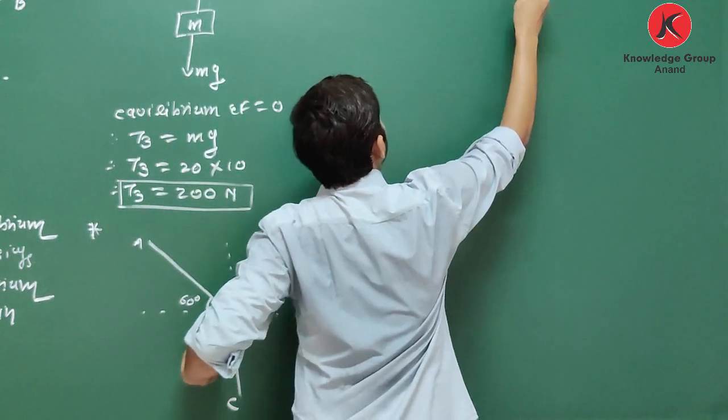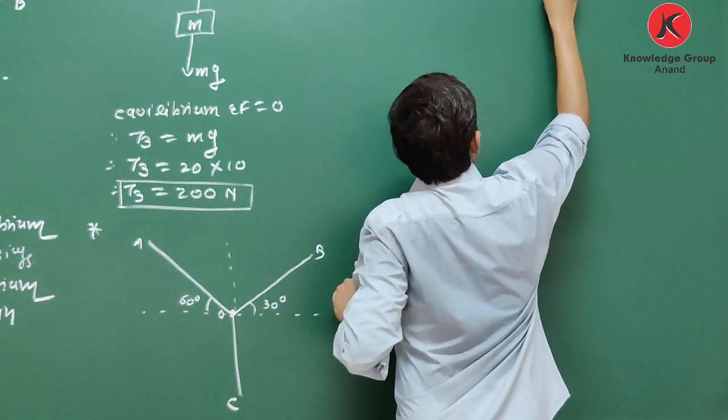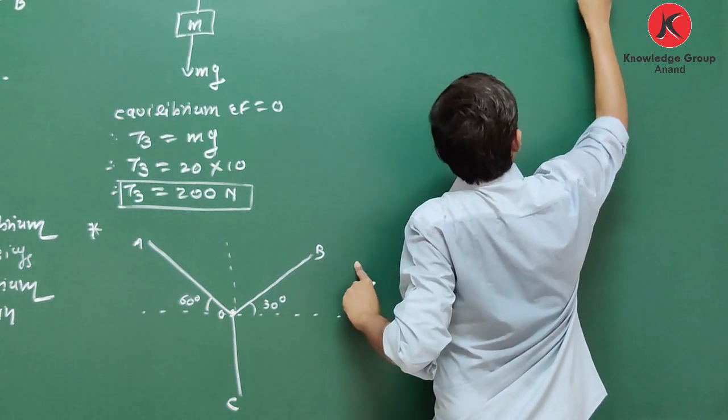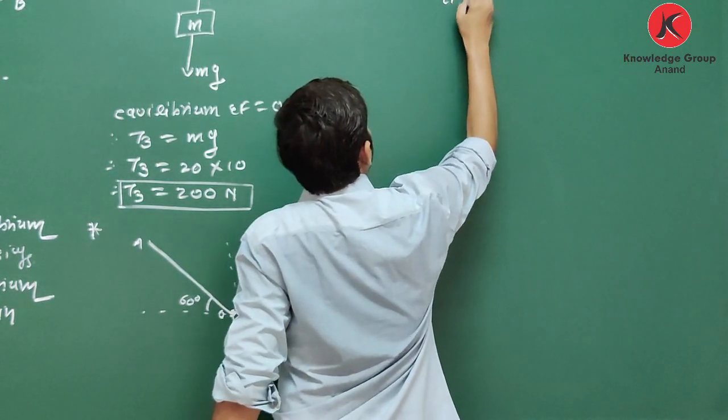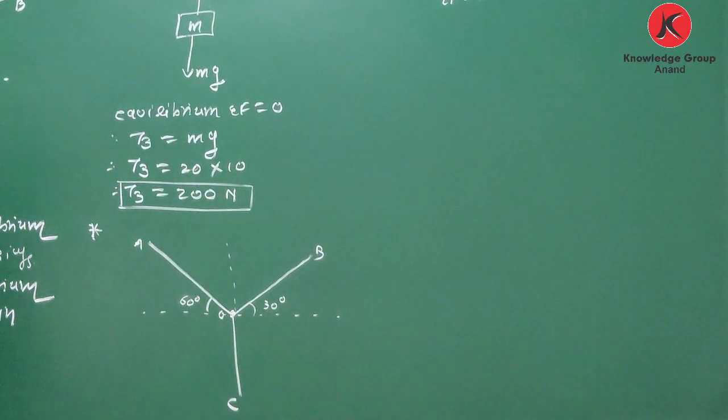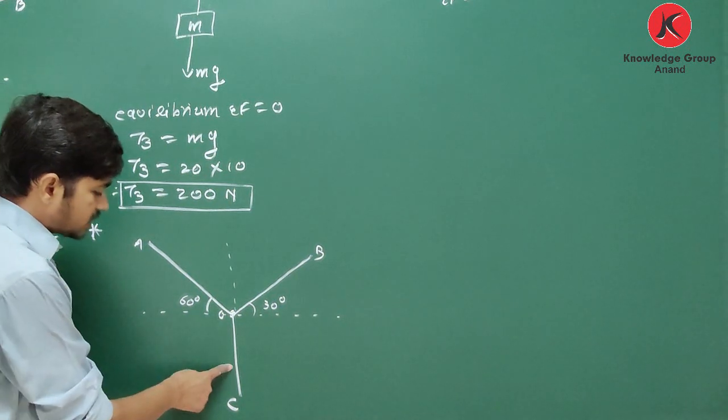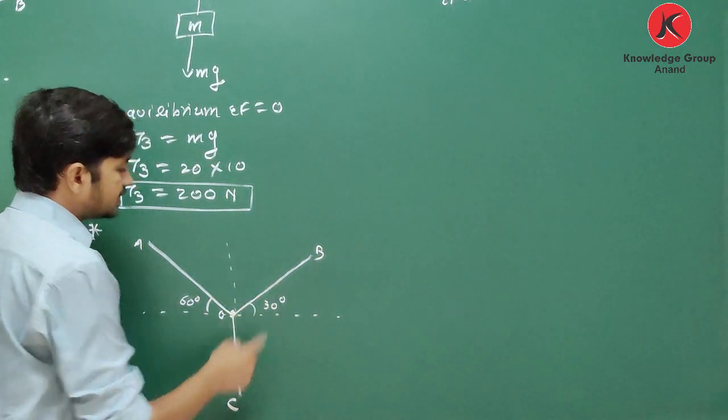So for point O, the total force acting is equal to 0. Now how to resolve the forces? See carefully here. The tension produced in this string is T3, in this string it is T1, and in this string it is T2.